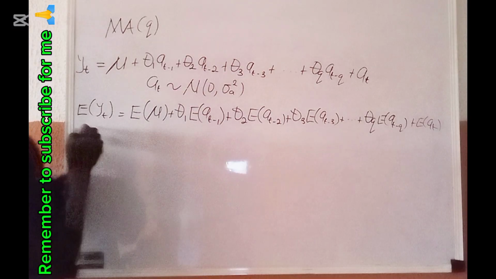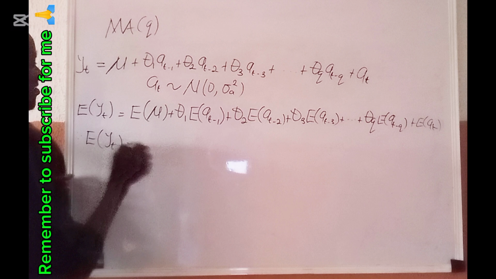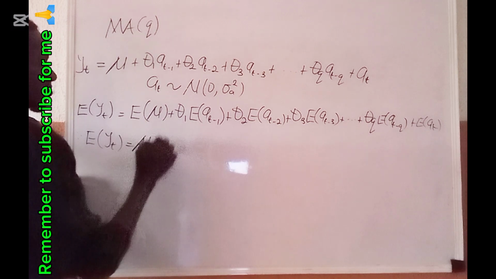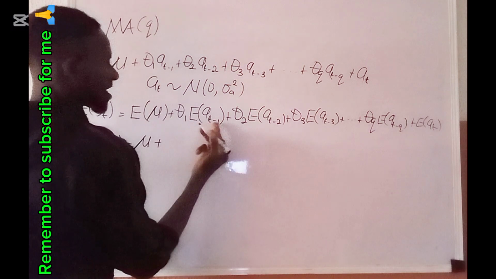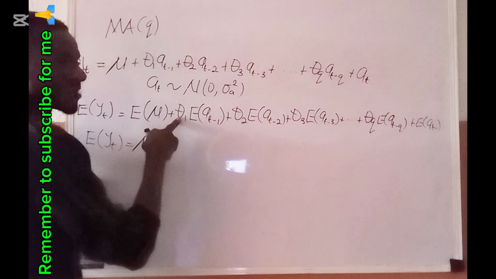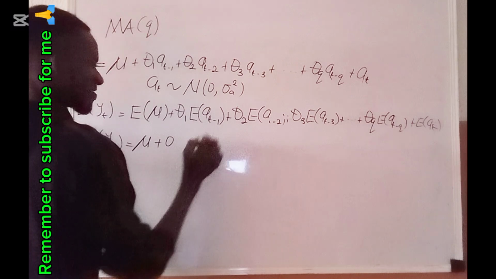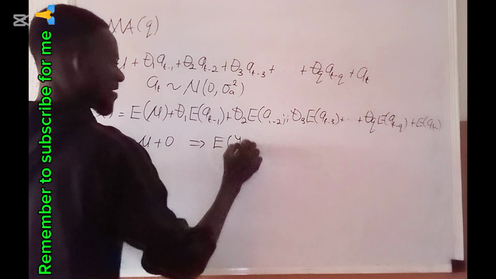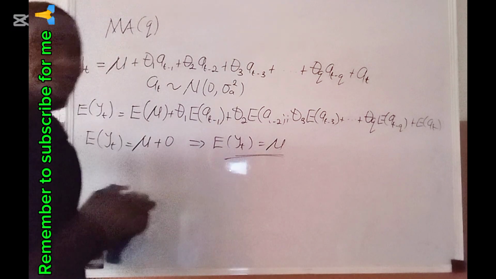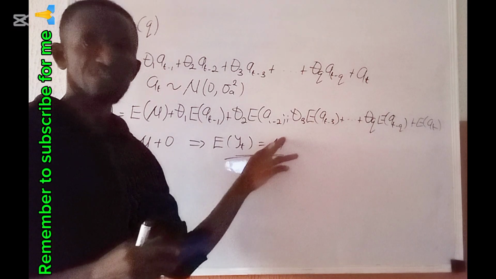So E of y of t is given as the expected value of a constant, which is a constant, so here it becomes mu, plus every other quantity, which becomes 0, because when the expected value is 0, multiplying with a parameter makes it 0. So all the quantities here become 0, which implies that E of y of t is given as mu. So the expected value of the MA of order Q model is mu.